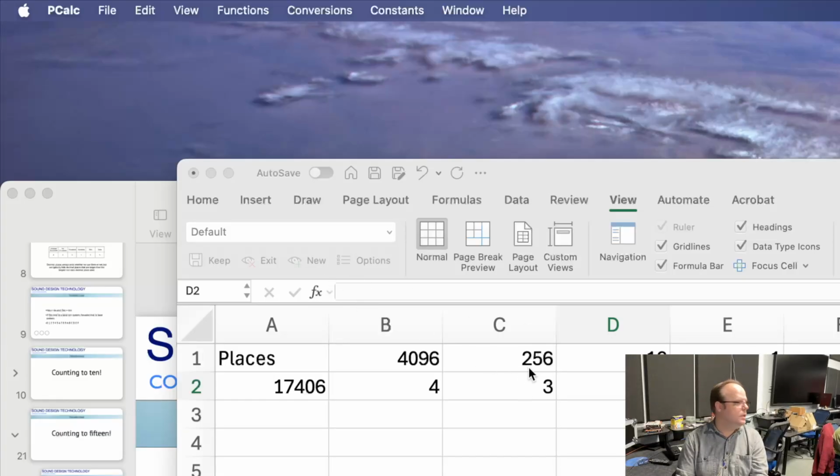And I've got 3 256s, so 256 times 3 gets me 768. I'm going to add that into my memory. That's the total number I've accounted for now, 17,152.